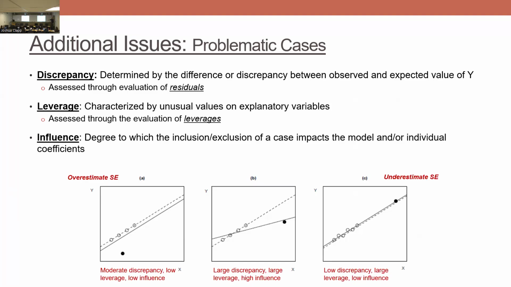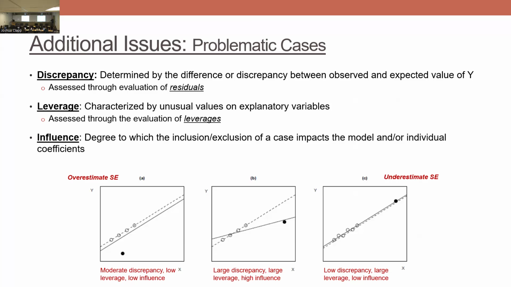Here's where they should be. Here's where they're at. So I'm very close with everything else, right? And so I've got a moderate discrepancy, low leverage. Why is this a low leverage value? Is this point weird in X space? No, it falls right in line with it. It's not weird in X space, but my model doesn't do a good job of accounting for this. And I would say low influence, okay?